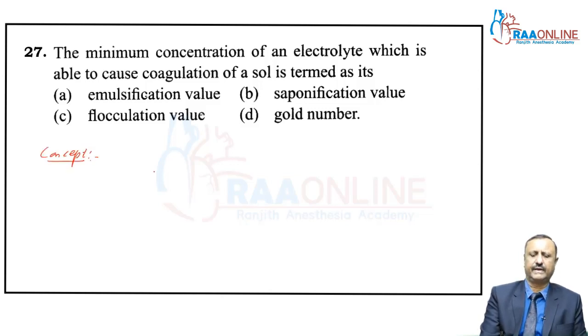My dear students, when we see the minimum concentration of an electrolyte which is able to cause coagulation, meaning the colloidal sol is converted into precipitate form, then this process is called coagulation.